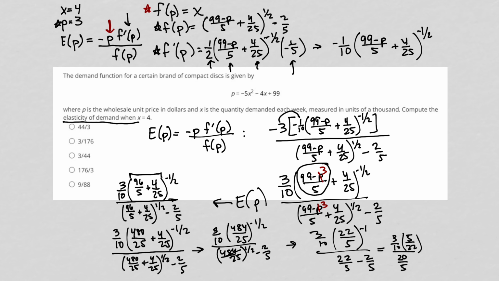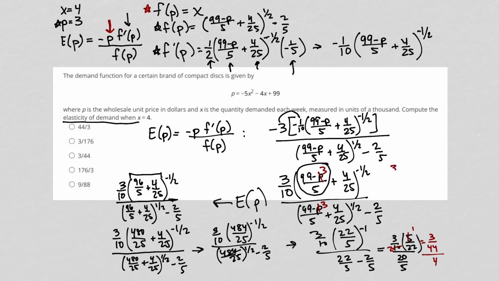Okay. And let's reduce some things. So 5 goes into 5 once. 5 goes into 10 twice. So I'd have here 3 over 44. And then down here, 20 divided by 5 is 4. Right? So right now I have 3 over 44 divided by 4.